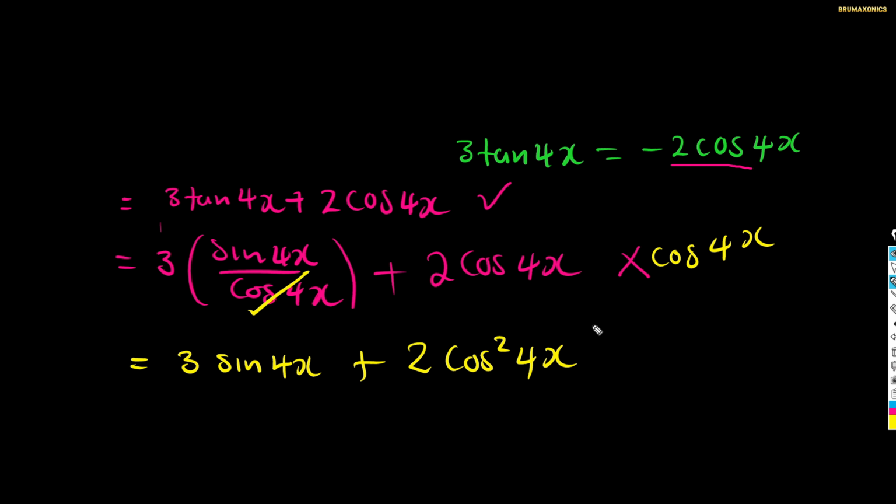So we are treating this as solving for x and y, right? So if we were to say let sine 4x equal y, then what about the cos squared?